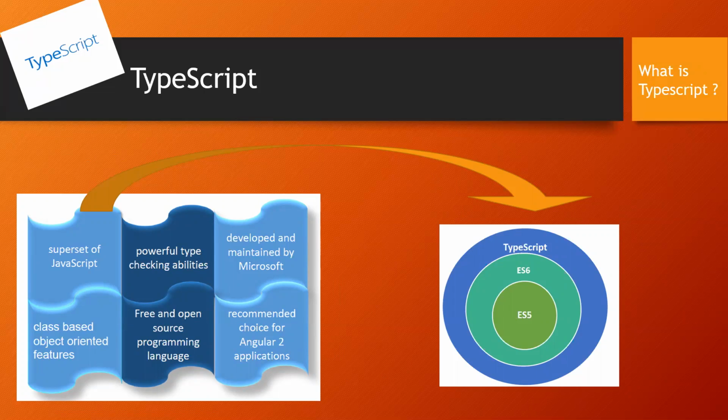ECMAScript 5 and 6 are JavaScript versions, and TypeScript is basically the superset of these two. So TypeScript includes all the powerful abilities of JavaScript. It's developed and maintained by Microsoft. It's object-oriented based. It's free and open source, so anyone can use it. And it's recommended for building Angular applications in .NET.